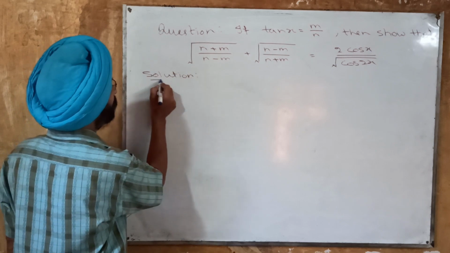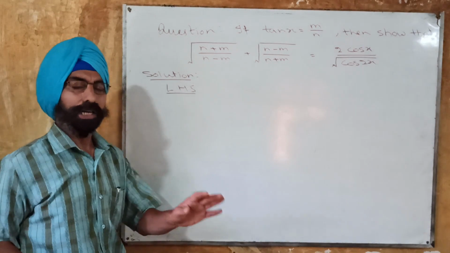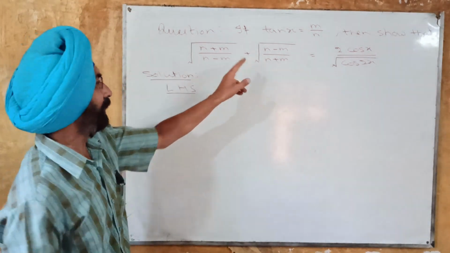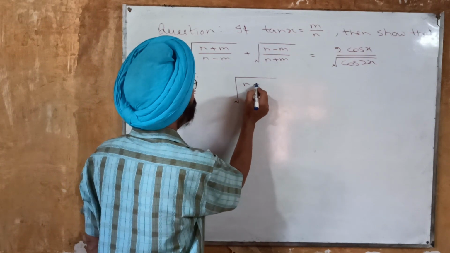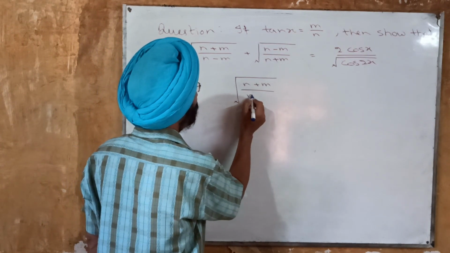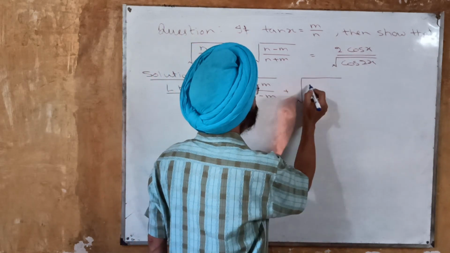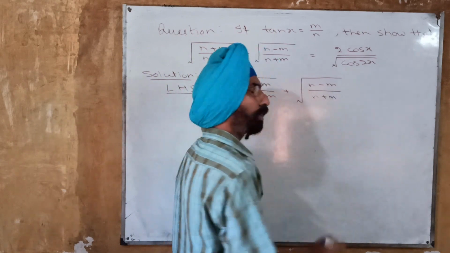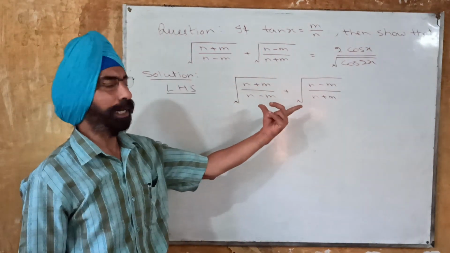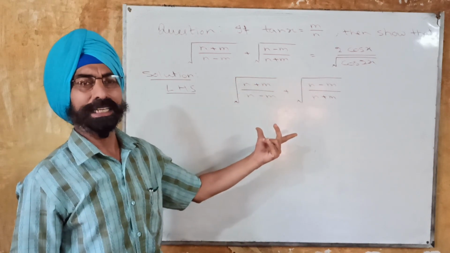Once again, I'll start this problem from left hand side, and left hand side in this question is under the root n plus m upon n minus m plus under the root n minus m upon n plus m. So we are having here sum of two expressions, both are in numerator and denominator form.